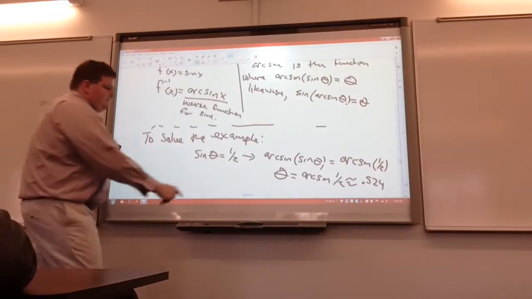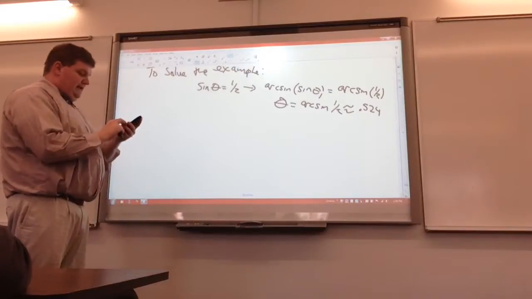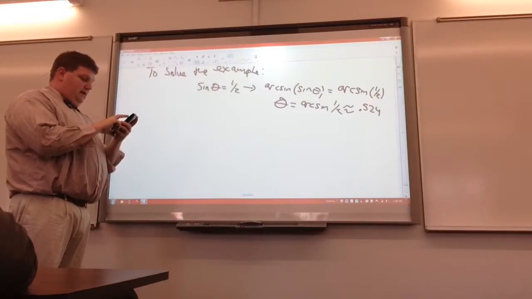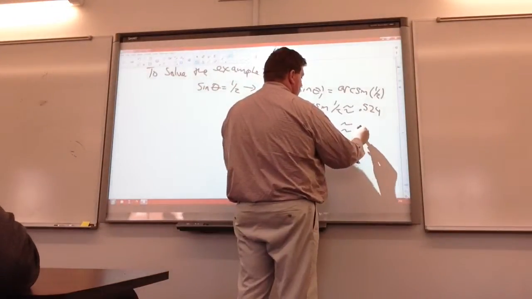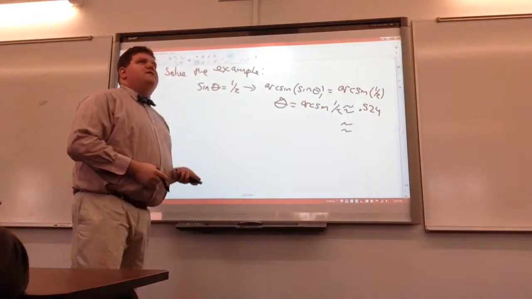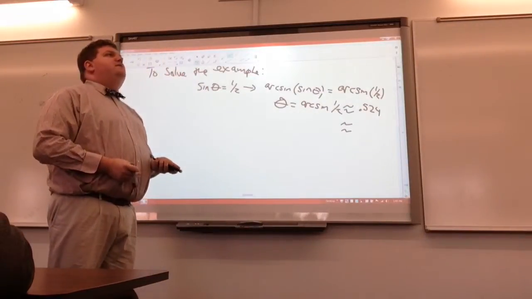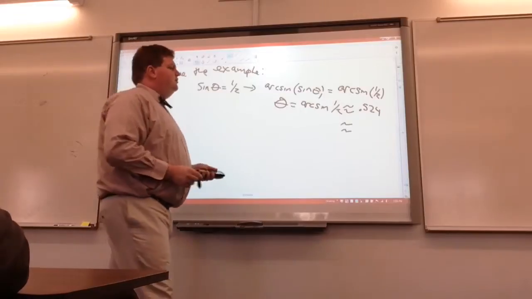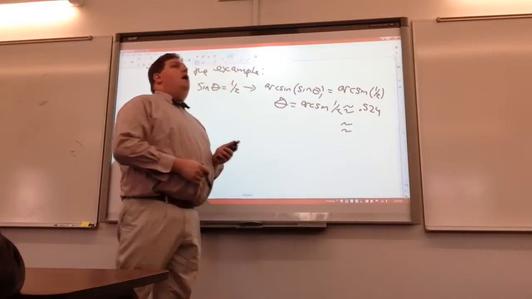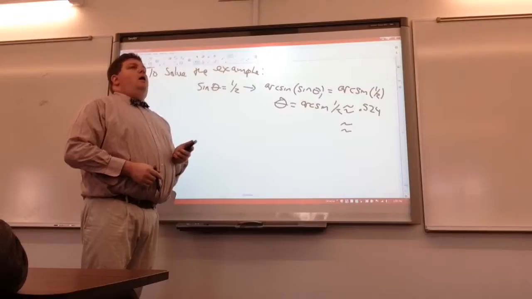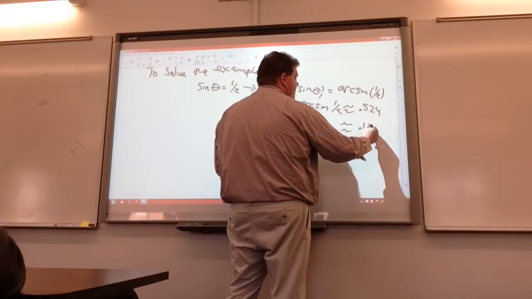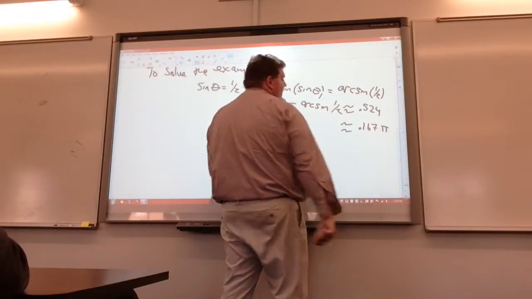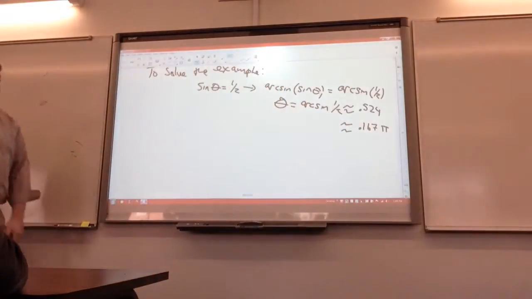radians. So let me extend the page down. So actually doing that, so you can see what I mean, I can write this as 0.167 pi. Oh, that's a sixth. So it should be pi over 6. I got that, by the way, 0.167 pi by just dividing 0.524 by pi.